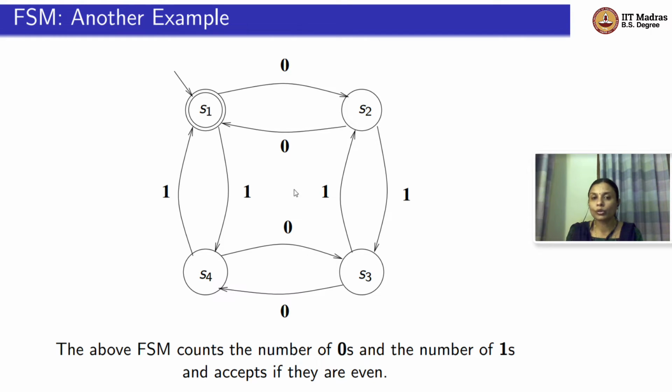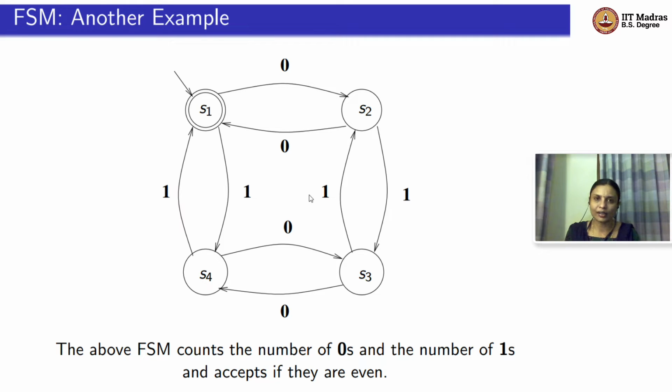So input to this finite state machine is usually a binary string, a string of zeros and ones. And it takes the binary string, and this finite state machine does the simple job of counting the number of zeros it sees in the string and counting the number of ones it sees in the string. And if the number of zeros and number of ones both happen to be even numbers, then the finite state machine accepts its input binary string.